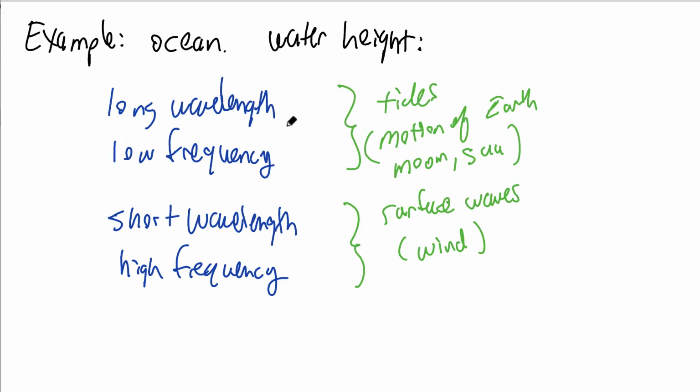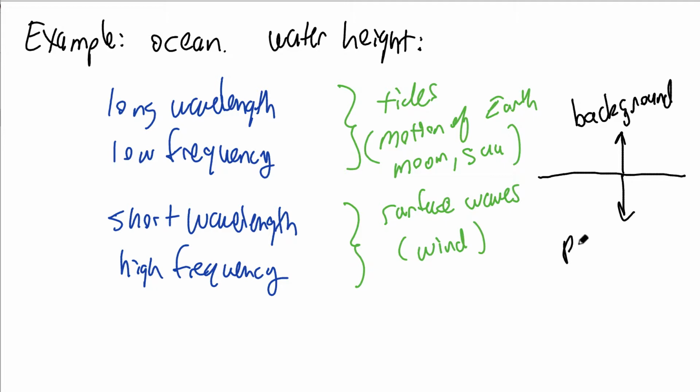The tides occur on a length scale of thousands of kilometers, whereas the surface waves occur on a length scale of meters or tens of meters. This separation in scales allows us to naturally split the height of the water into a background and perturbation.